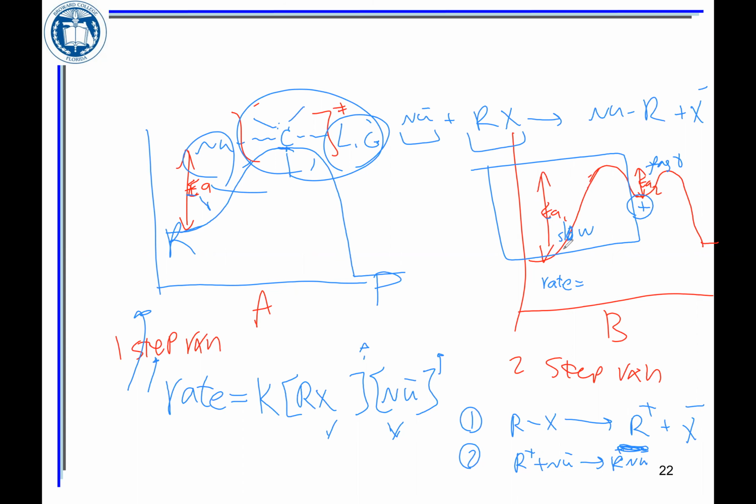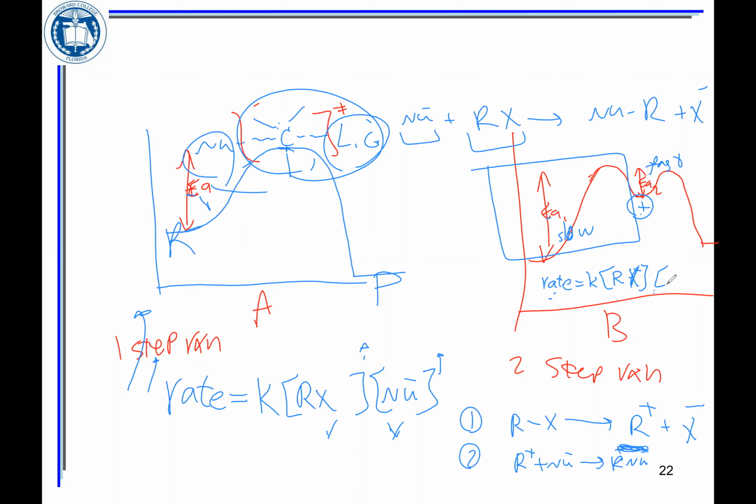What is involved in the slow step is only the alkyl halide that is going to change to carbocation. The nucleophile, which is involved in the second step, is not involved in the rate determining step, so it's not going to show up in the rate law.